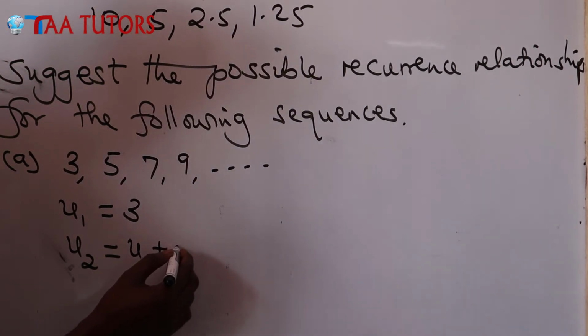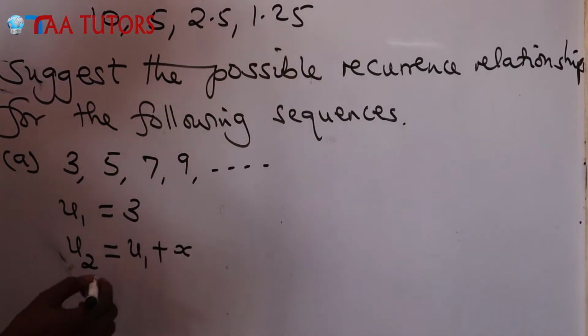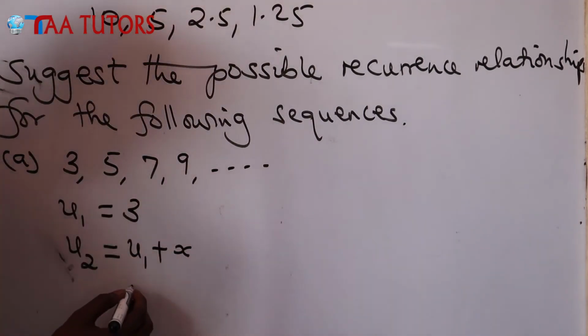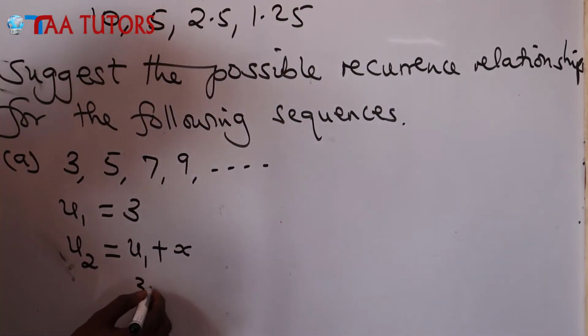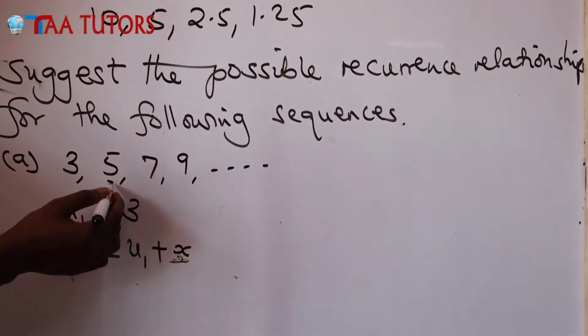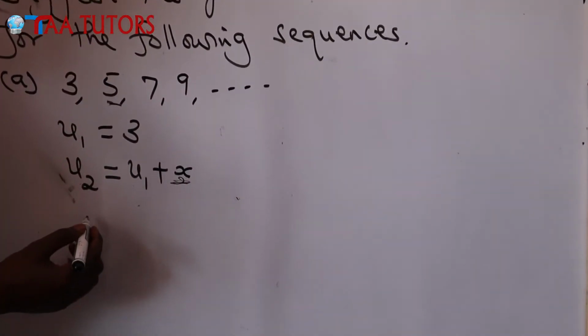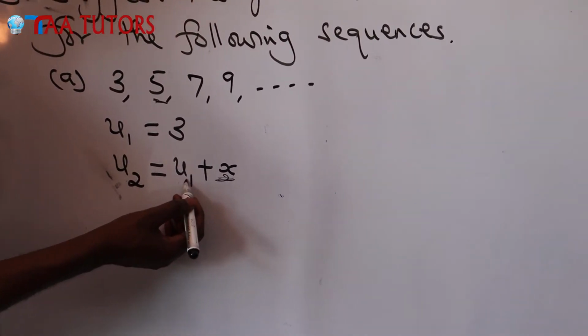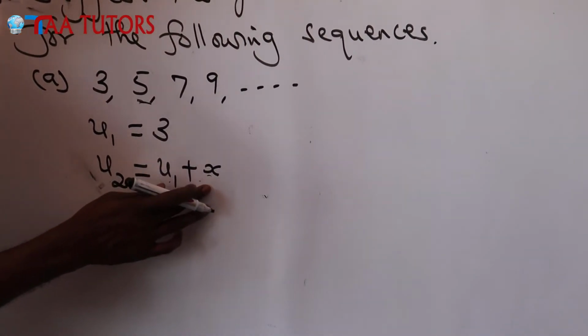Let me say that unknown number is x. We now know that the sum of this will give us 5, meaning that if I have u1, which is 3, to get the second term, u2 is equal to the first term plus an unknown difference.